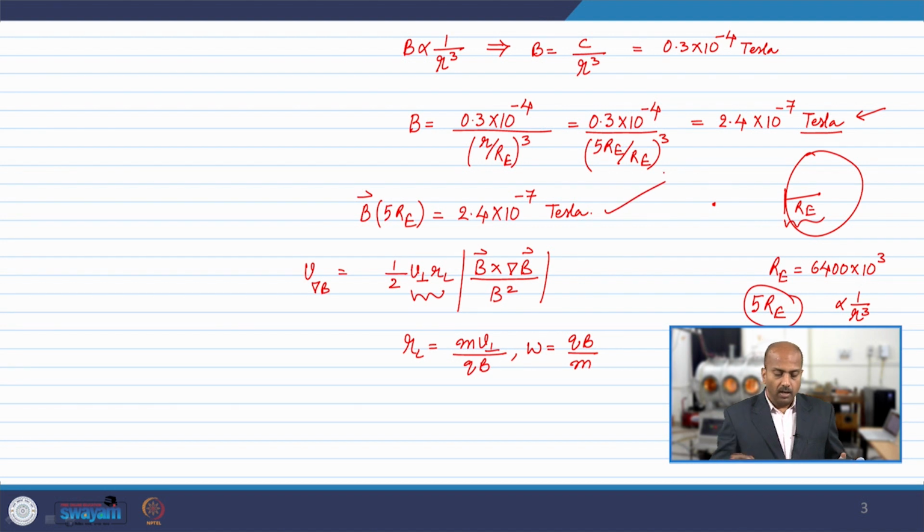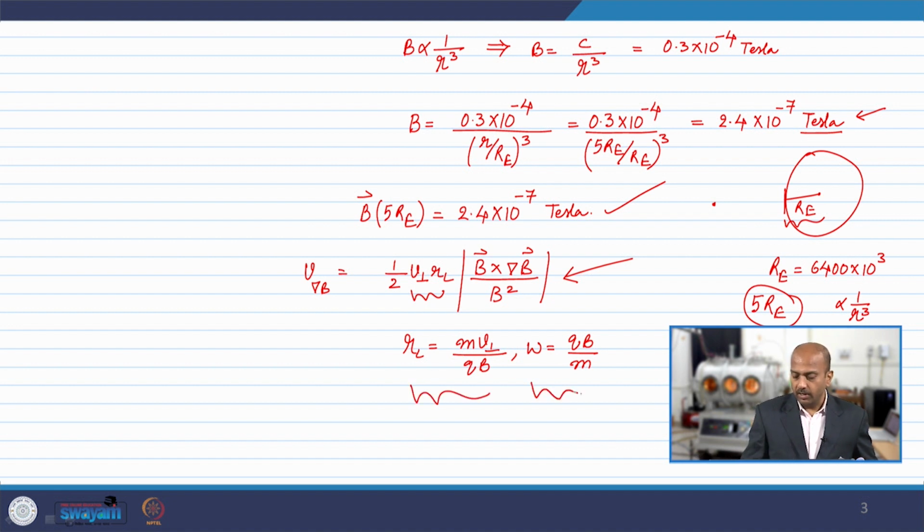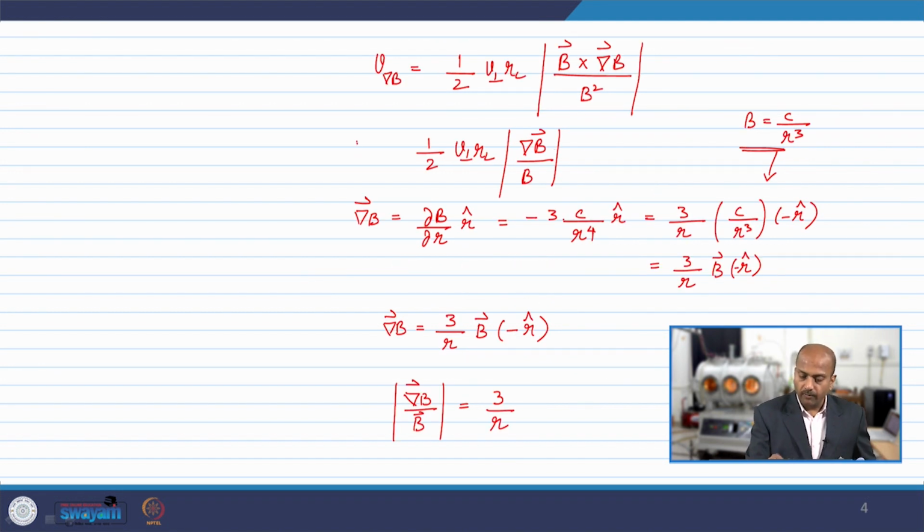Now once this is done, we pulled the gradient drift velocity formula from our earlier classes. So V del B is half V perpendicular RL, B cross del B by B square. Just to be familiar with this formula, we have written it again here, right? Now we can reduce it to V del B equals half V perpendicular RL times the magnitude of del B by B. So we have evaluated del B by B. Del B is dou B by dou r along r cap.